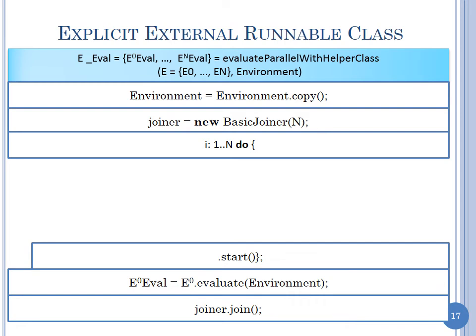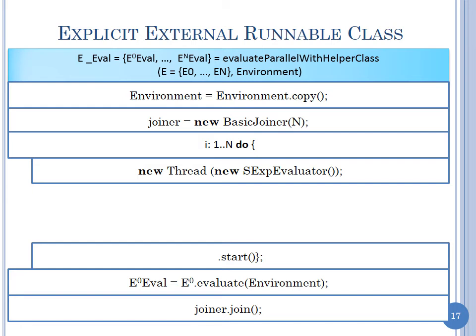So we're now going to do 1 to n. Again, we're going to have a basic joiner with n entries. We're going to start a thread, and the question is, what's the argument to the thread? So I can say new thread, new, and this is my runnable class name.